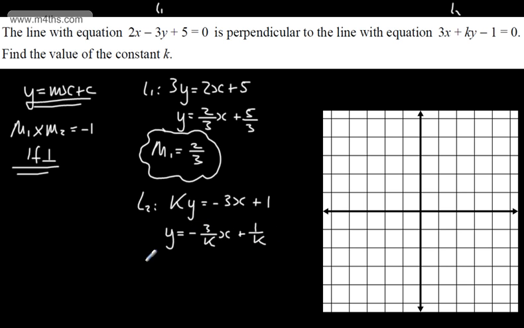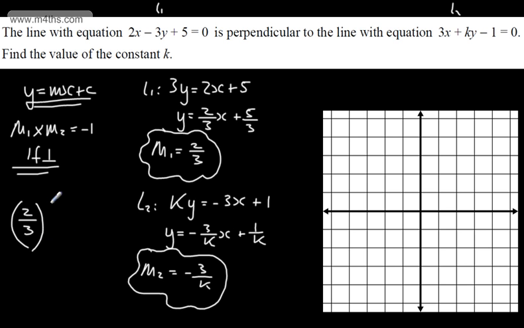We can say now that the gradient m2 will be equal to negative 3 over k. So all I'm going to do is look at the property just here. If perpendicular, this one multiplied by this one will give us now negative 1. So 2 over 3 multiplied by negative 3 over k will be equal now to negative 1.